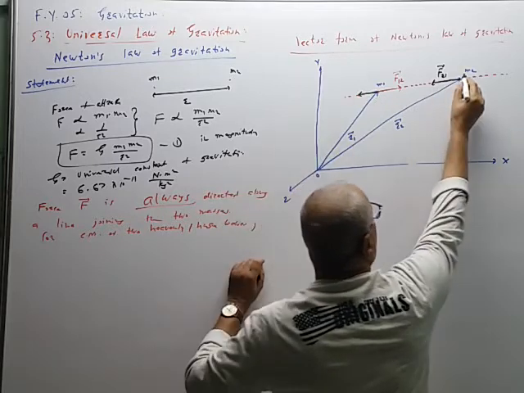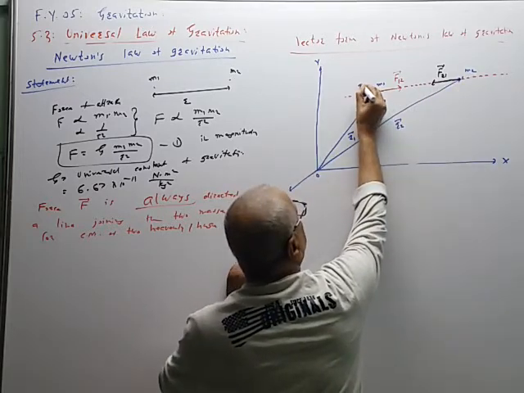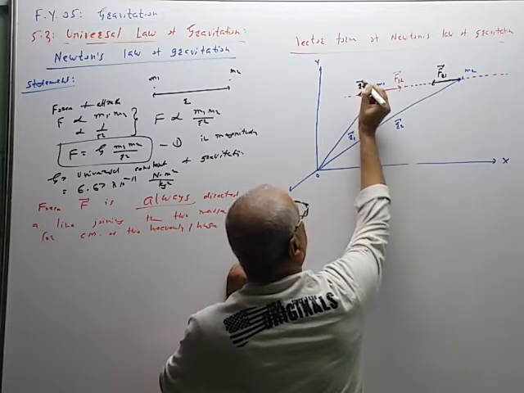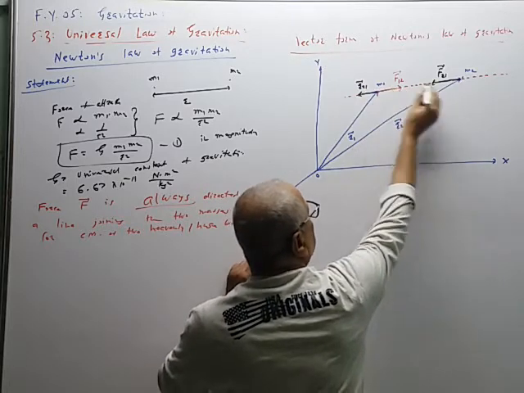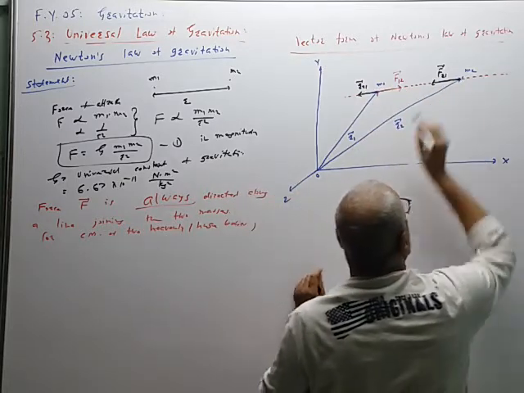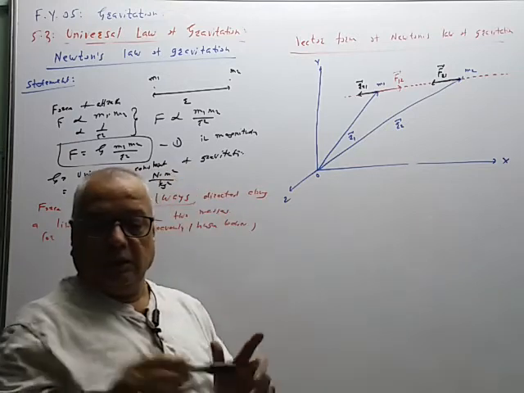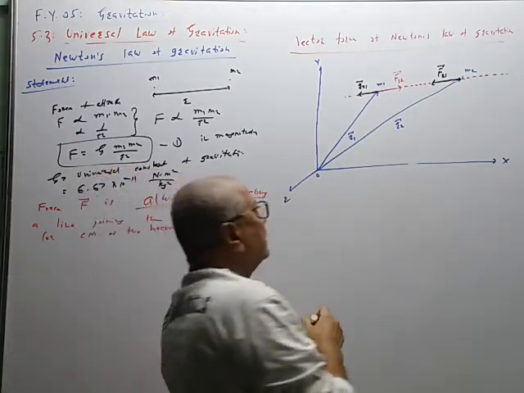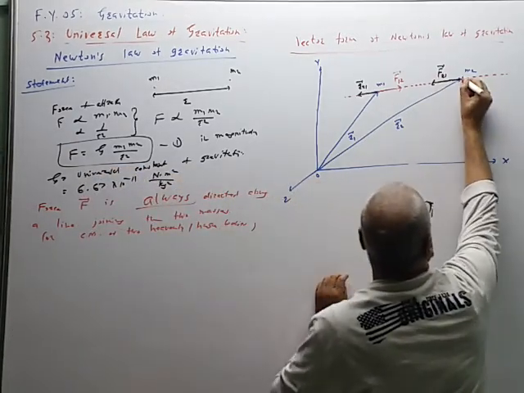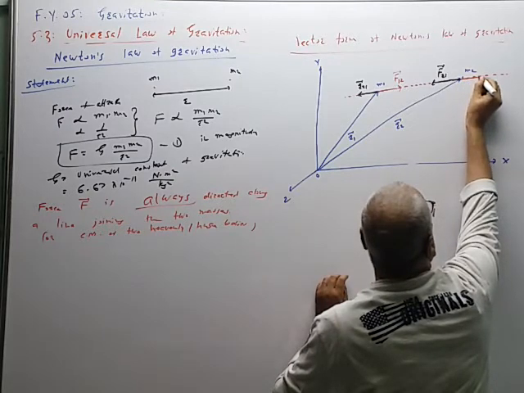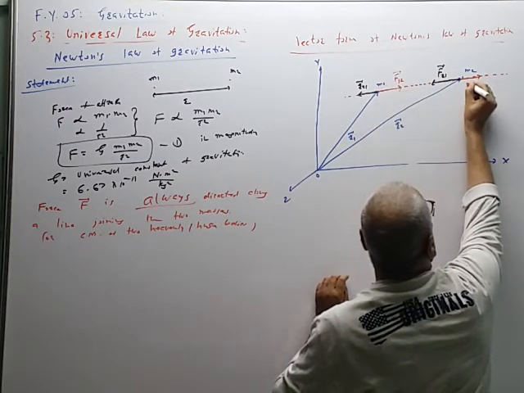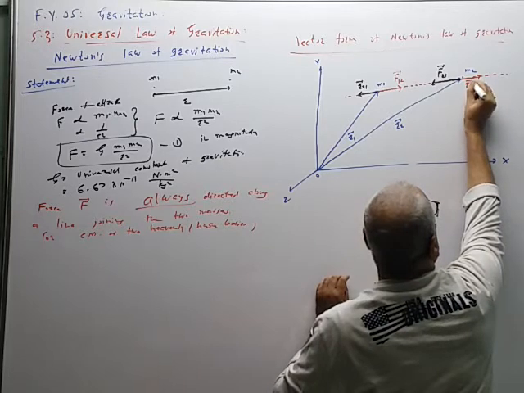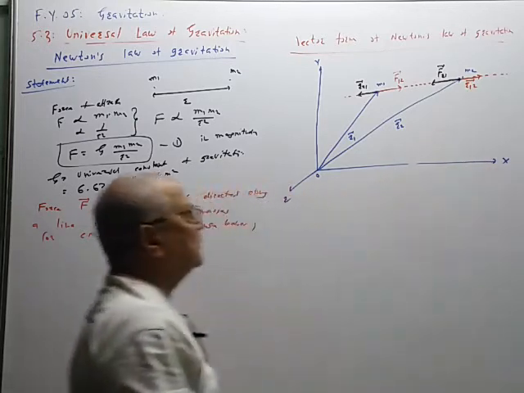So the unit vector is drawn from m2 to m1. So this is the unit vector r21. Now this force is in the direction. Therefore the unit vector in the direction of F12 is given like this. It is drawn from 1 to 2. So it is r12 like this.